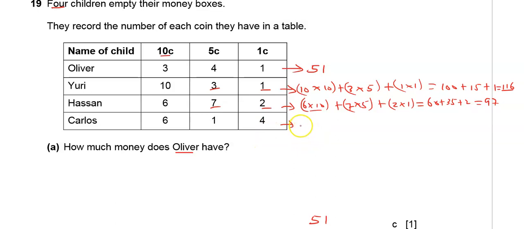For Carlos, he has got 6 10-cent coins plus 1 5-cent coin plus 4 1-cent coins. 6 times 10 is 60. 1 times 5 is 5. 4 times 1 is 4. So Carlos has got 69 coins.